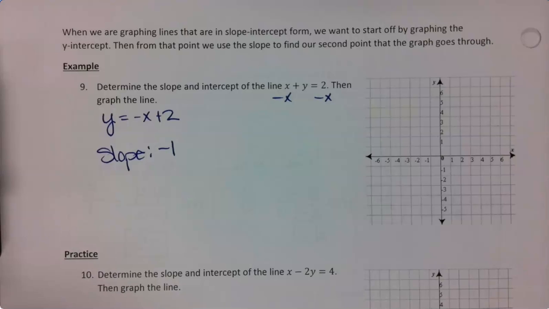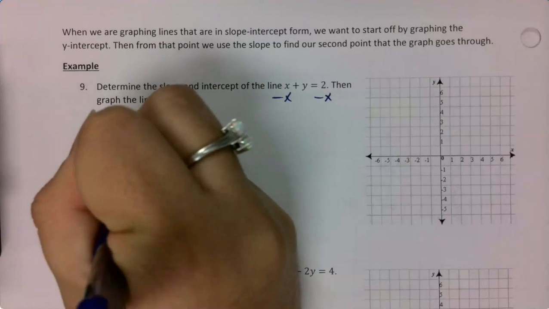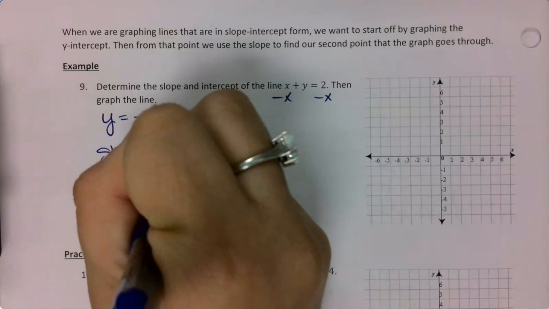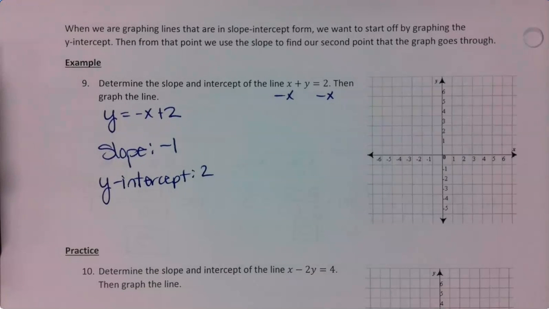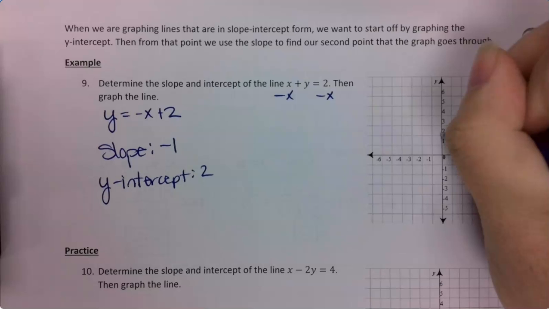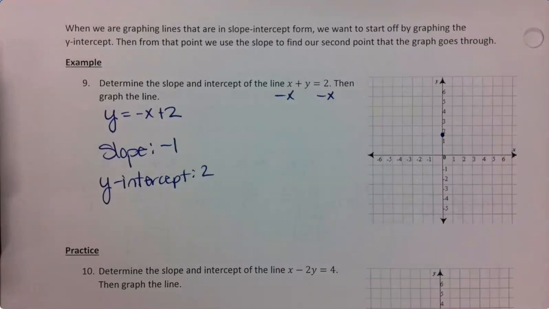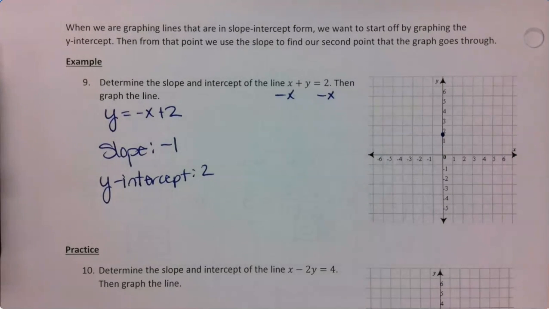Okay, and then my y-intercept is 2. So then I want to start off by graphing. I always start by graphing my y-intercept on the y-axis. So I go up 2 and put a point.